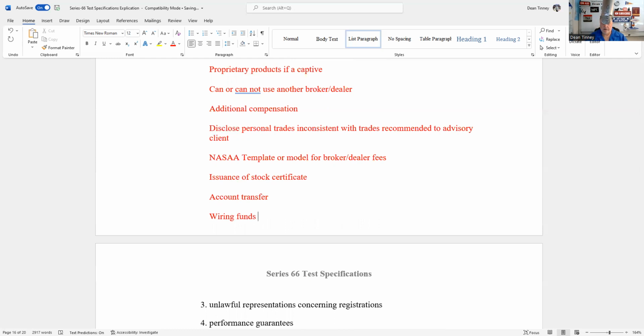By the way, this says 66 test specifications, but I'm going to put it in the 65 playlist because it's the exact same test specification. There is no difference in the 65 and 66 in terms of what I'm discussing right now. Margin account interest, we're going to charge you based on the debit balance, right? That credit agreement. And we might charge you postage and handling. That one kind of frosts me.